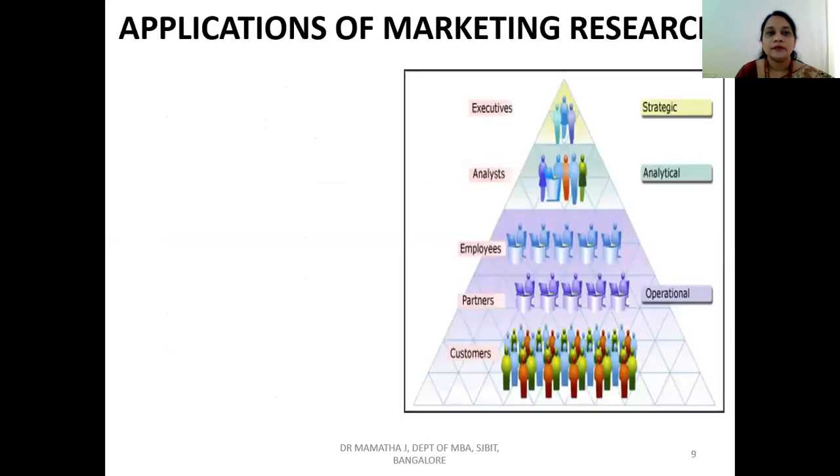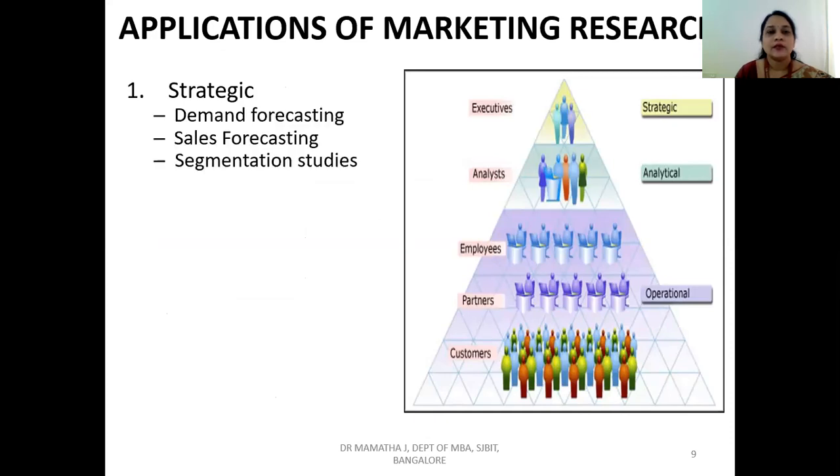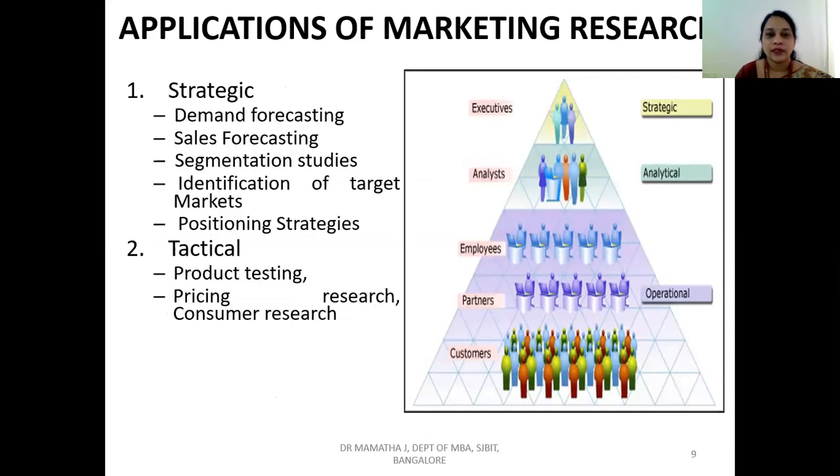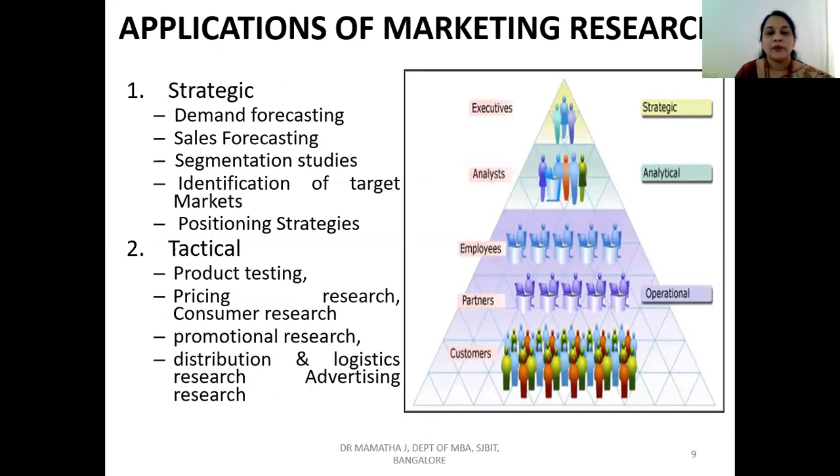Okay. Then there are various areas in which you can apply research. Since we are discussing business research, the majority of the research applications are in the field of marketing. It is there in every field, but marketing has the majority of the applications. The applications might be strategic or tactical.